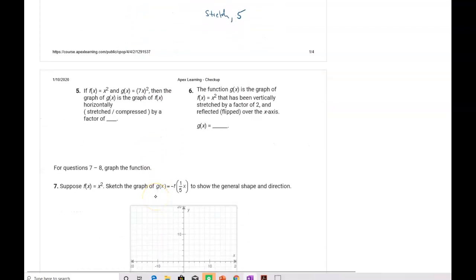The next one, if f of x is equal to x squared, g of x is equal to (7x) all squared, then the graph of the function is a graph of a horizontal... Now, here's the thing. When it's a horizontal stretch, that means it gets wider. If it's a horizontal compression, right, it means it gets more narrow.